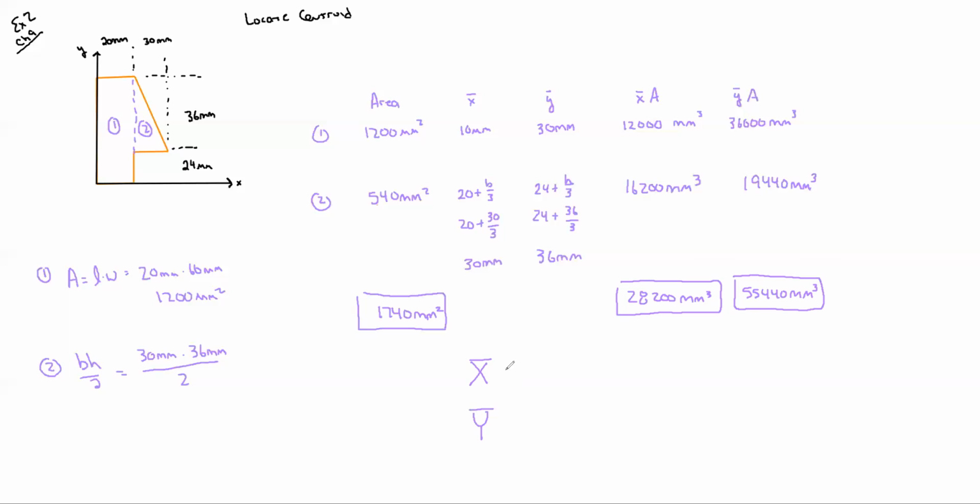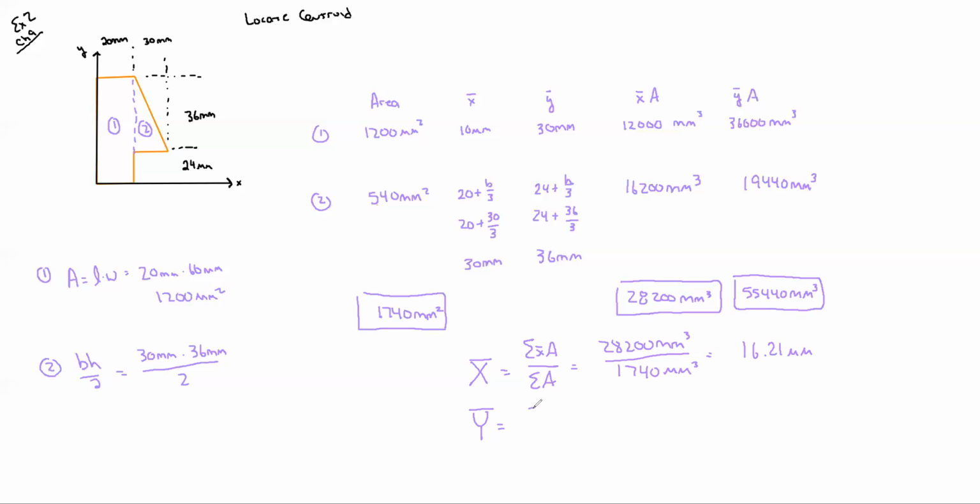And coming around to the home front now, we're looking for the capital X bar, capital Y bar. Remember, capital X bar is summation of lowercase x bar A divided by summation of area. So 28,200 cubic millimeters divided by 1,740 square millimeters. And I have written down that that is equal to 16.21 millimeters.